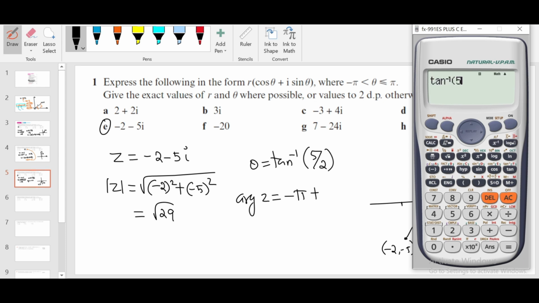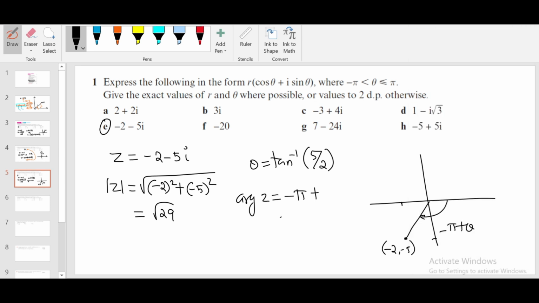Tan inverse of 5/2 is this, minus pi plus it gives minus 1.95. So you can write z as r times cos of minus 1.95 plus i sin of minus 1.95.